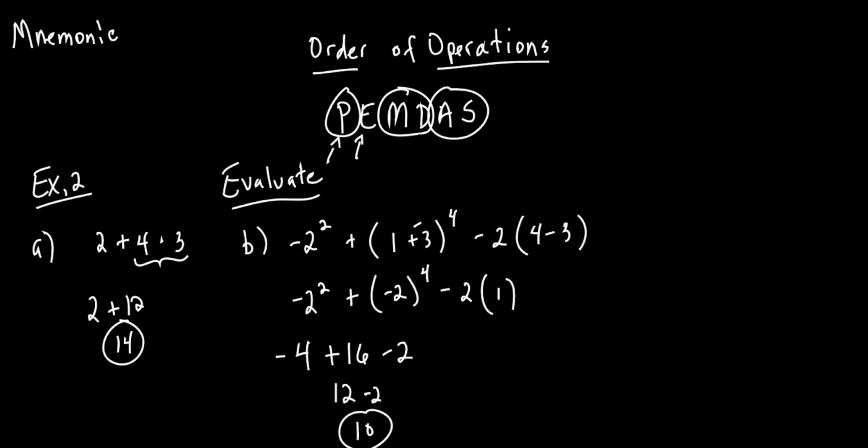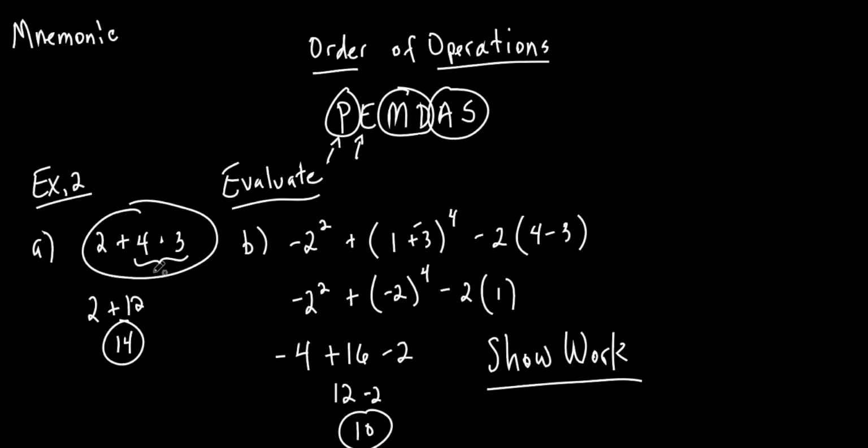Notice how I showed all my steps. If you have these problems in the homework, you need to show your work. Okay? Don't just say, well, I did this in my head, and here's the answer. I don't care if you could do this in your head. I want to see that step right there. Okay? It's a big deal for me for you guys to show your work. All right?